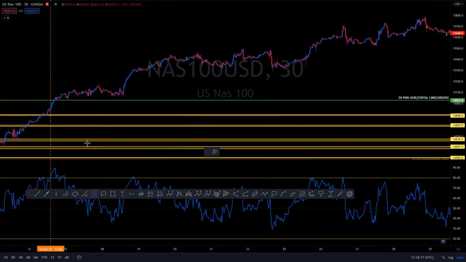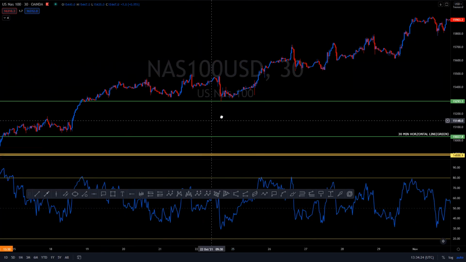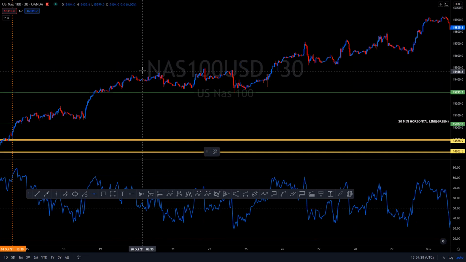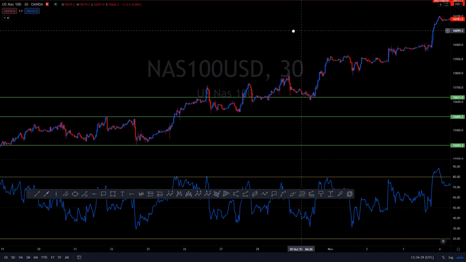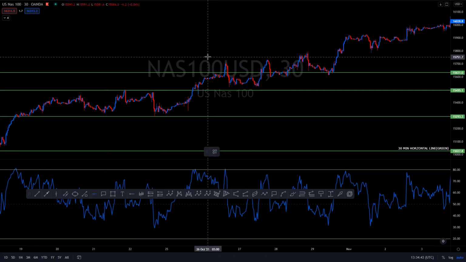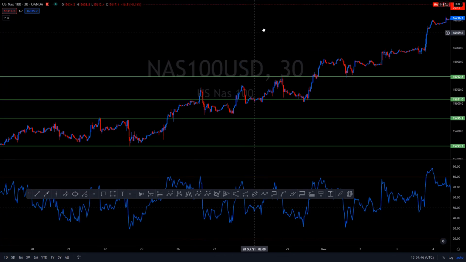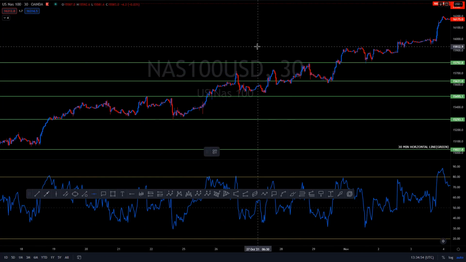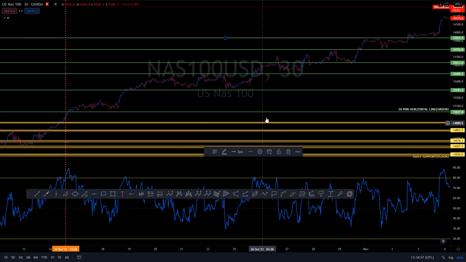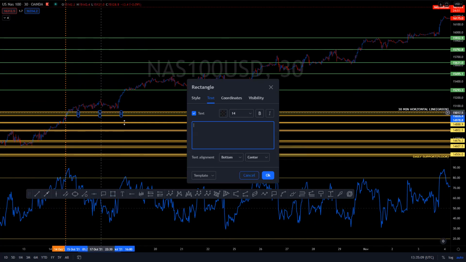There we go. All right. So then I'm going to draw my supply demand zones off of these horizontal lines next. I'm going to change this to green.